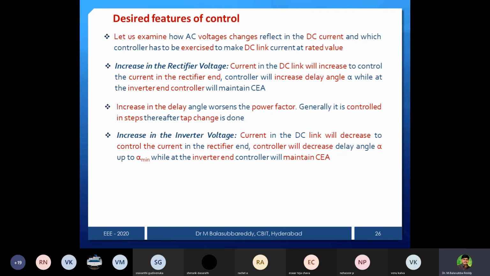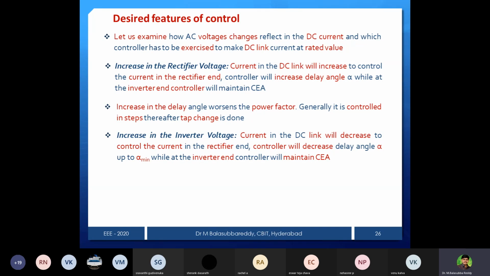The first thing was an increase in the rectifier voltage, that is the other side. Now what we have to consider is an increase in the inverter side voltage. Then the current in the DC link will decrease, because the inverter side voltage has increased. To control the current in the rectifier, the controller will decrease the delay angle.